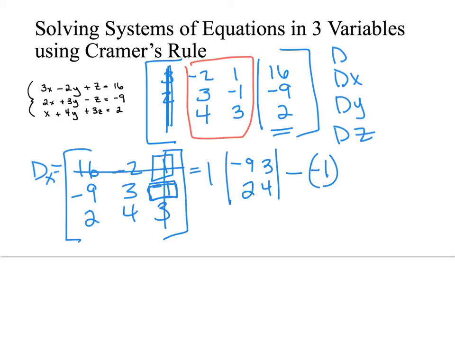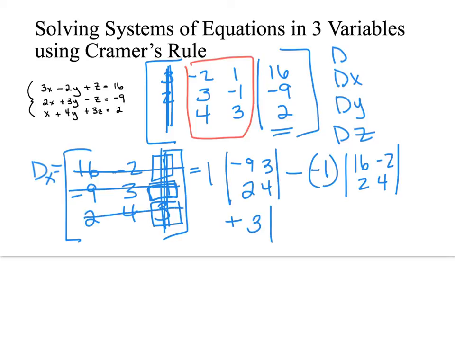And that's that one there. So if I write it out like this, that's going to give me 16 and -2, 2, and 4 as its minor. And then I'm going to add my third one. And if I were to take out that column and that column, I'm left with 16, -2, -9, and 3.